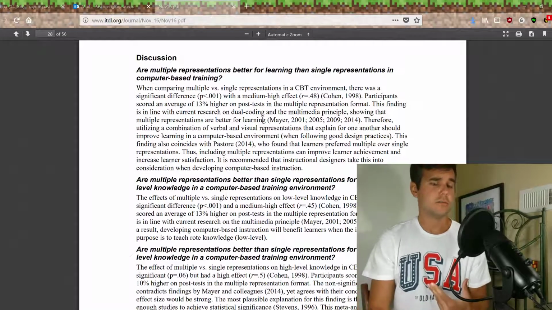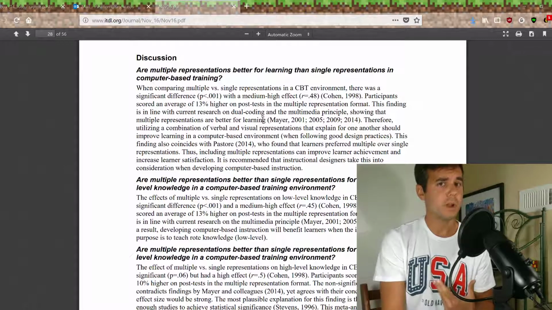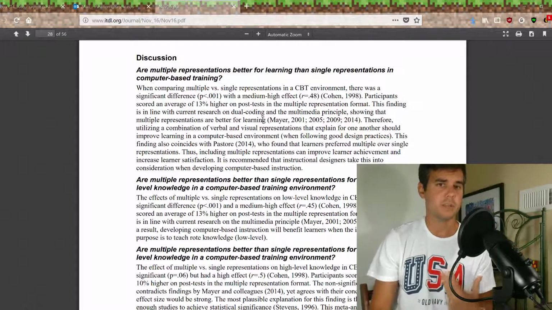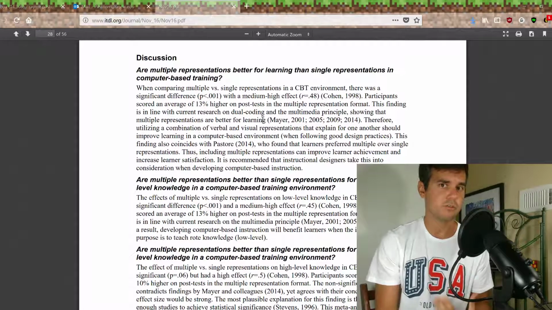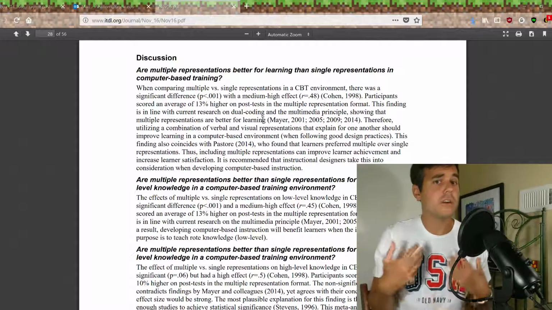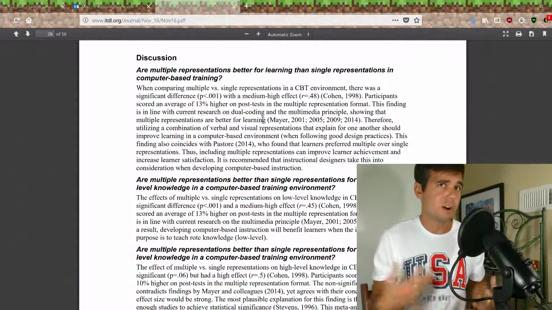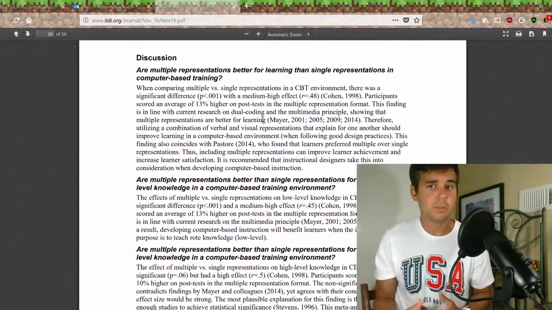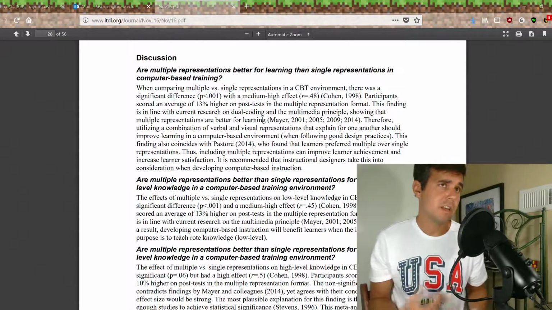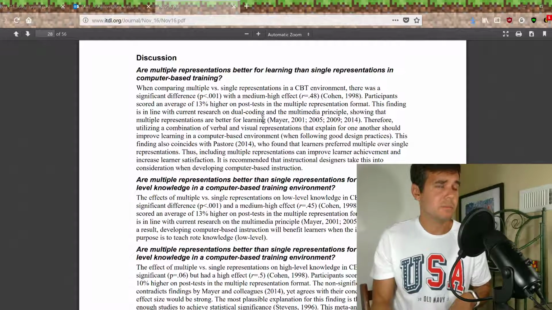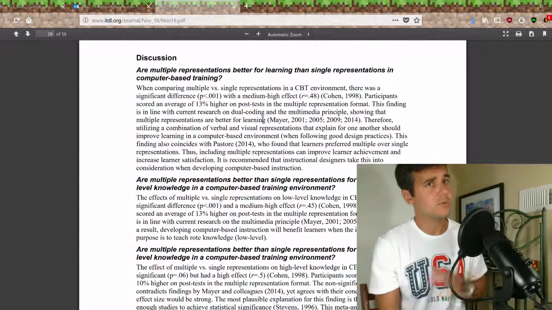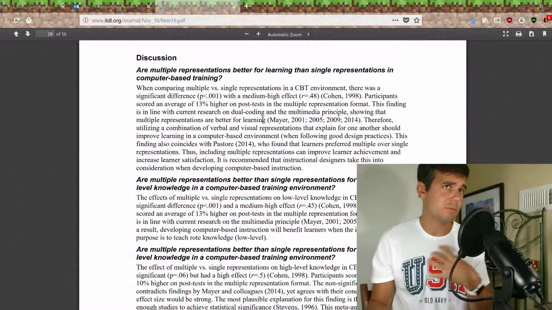All right, for those of you watching here. So overall, are multiple representations better for learning than computer-based training than single? So overall, yes. I did find a difference that overall for everything, there was a difference. How much of a difference? A medium effect size. But remember, effect size only matters based on the case.